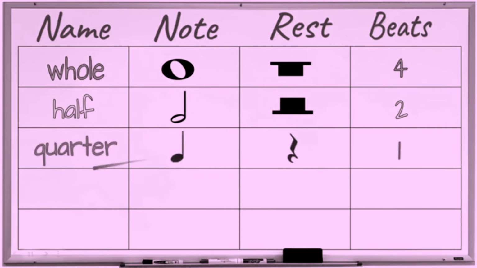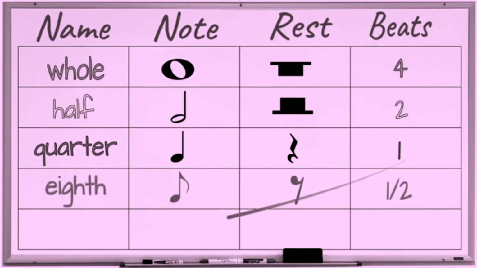Okay, next we have quarter notes, and the quarter rest. They both have one beat. Okay? Next we have eighth note. This is the eighth note. And this is the eighth rest.